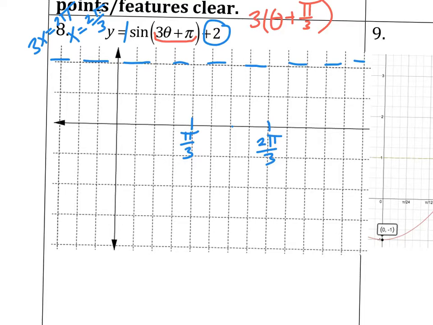Sine needs to be on the midline at all 3 of these values. Okay, we've got an amplitude of 1, which means we've got to go up 1, halfway between those two, and down 1, halfway between those two. I get a curve that looks something like this.